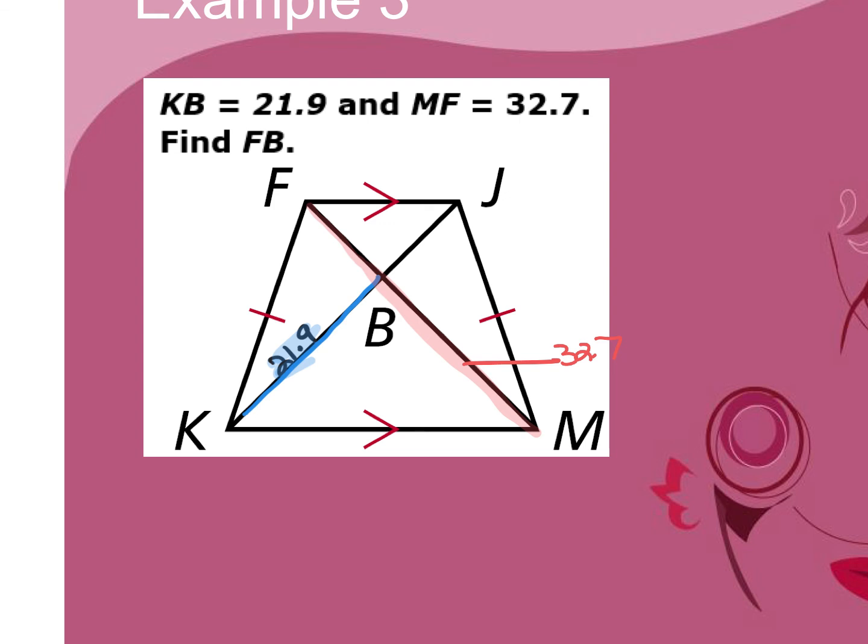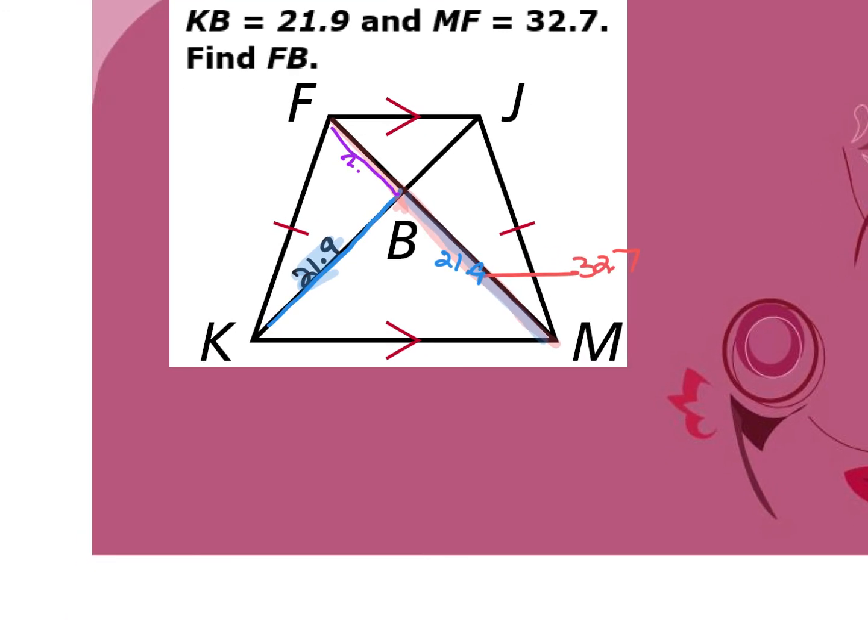Now, because these are congruent, I know that this piece over here is 21.9. Just this piece of this diagonal, not the whole thing. So then now to find the purple piece, all I need to do is take the 32.7 and subtract the 21.9. So then I'm going to subtract here, and I get 10.8.